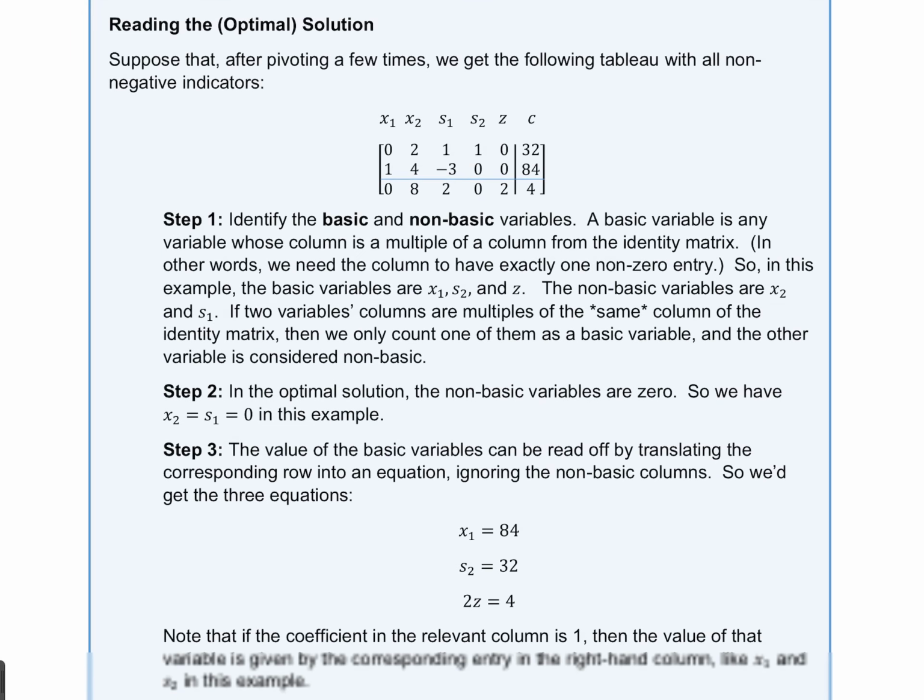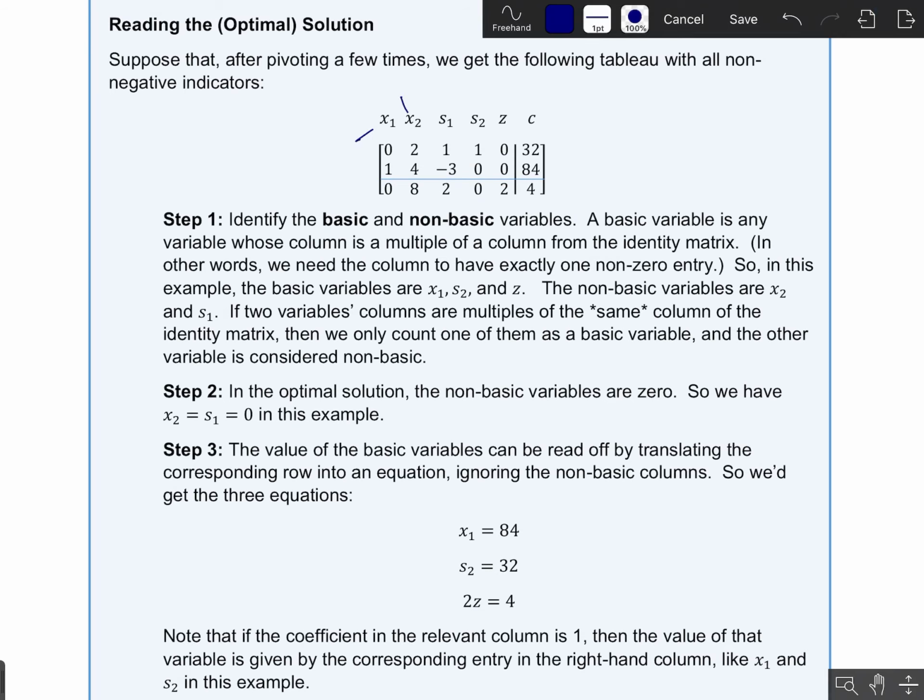The idea here is this. So I want to translate this matrix back into some equations. But in order to do this, there are some columns that I want to ignore. So step one is to identify which columns are basic and which columns are non-basic. In other words, which of these variables are basic and which of these variables are non-basic.